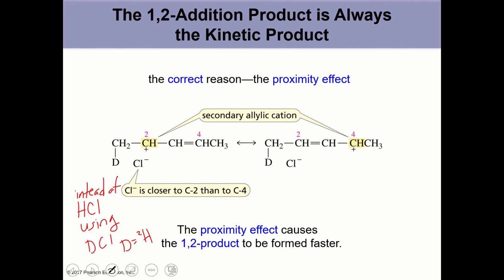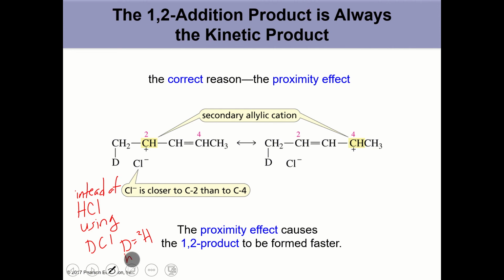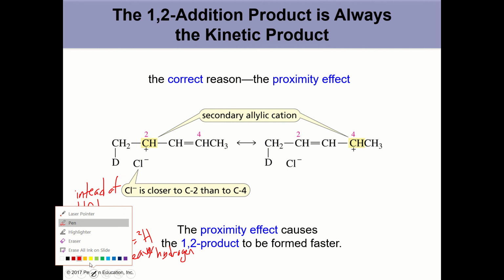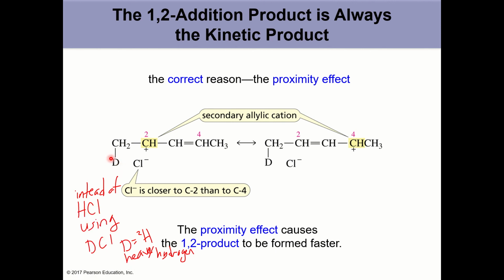Okay, so we call deuterium heavy hydrogen. All right. So just think of D as being equivalent to adding H.